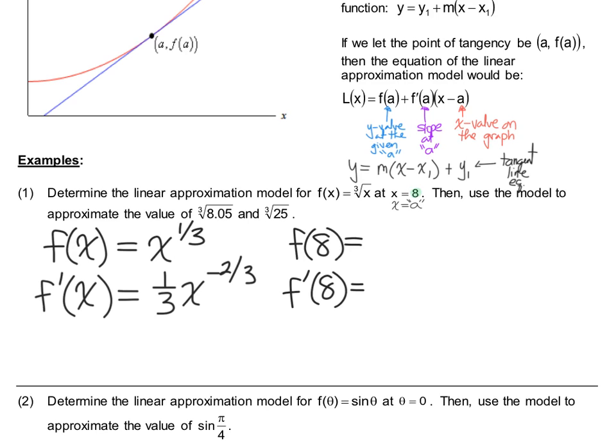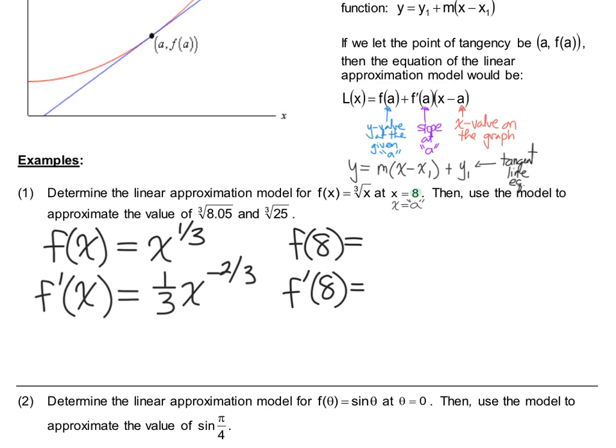The idea behind this: when I'm looking for the cube root of 8.05 or the cube root of 25, unless they give me the x value, I want to choose a convenient value as a that's very close to the number they're asking me about. In this case, they told us that x is equal to 8, so the a value is equal to 8.